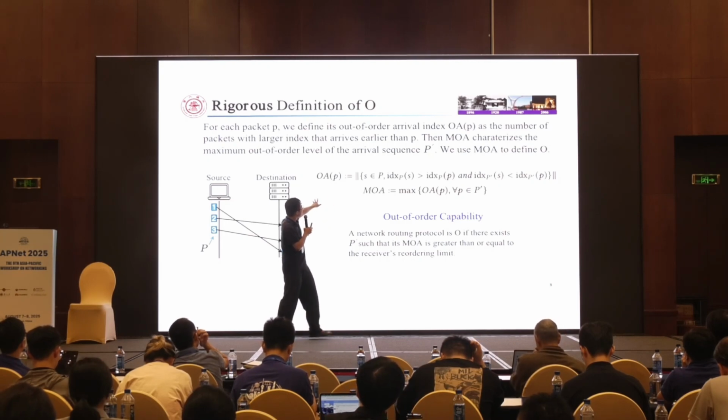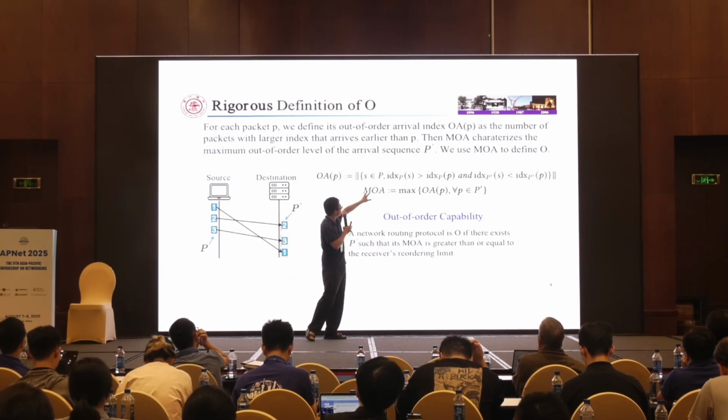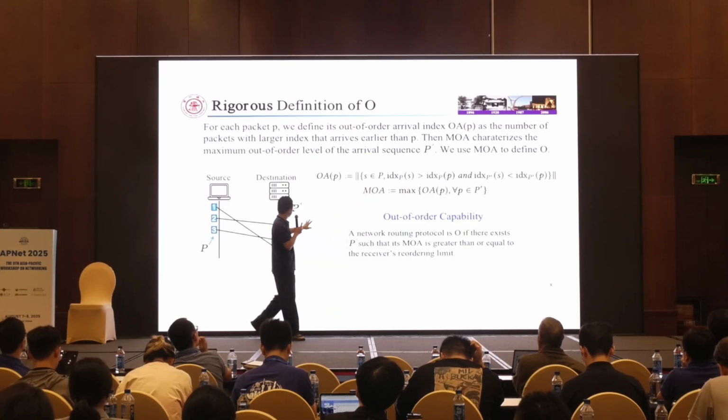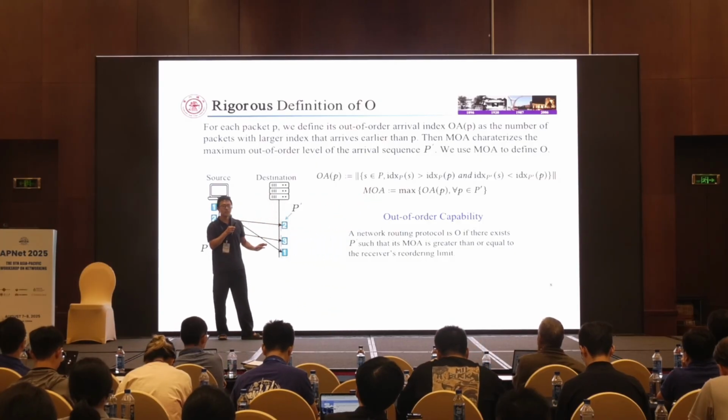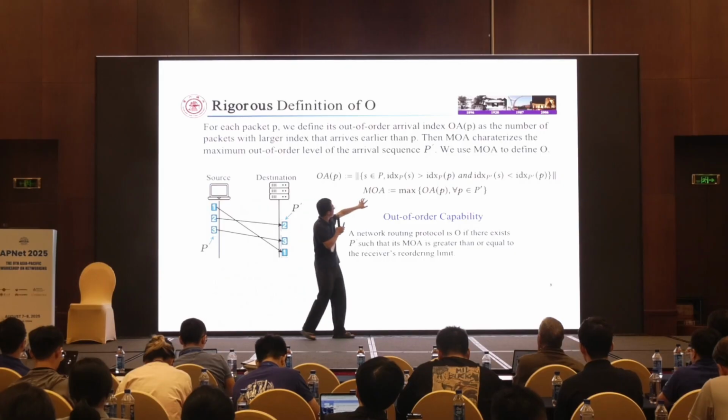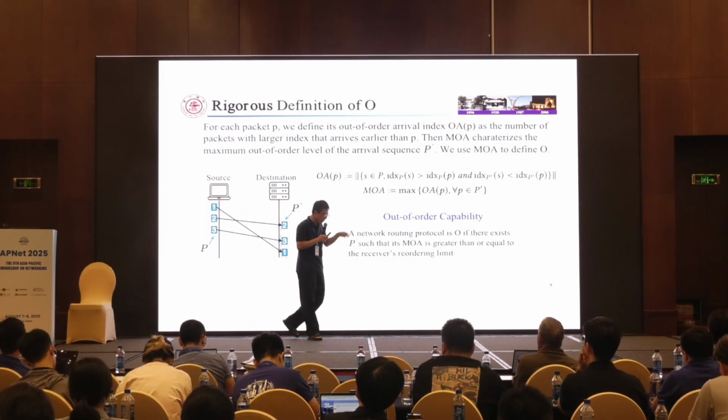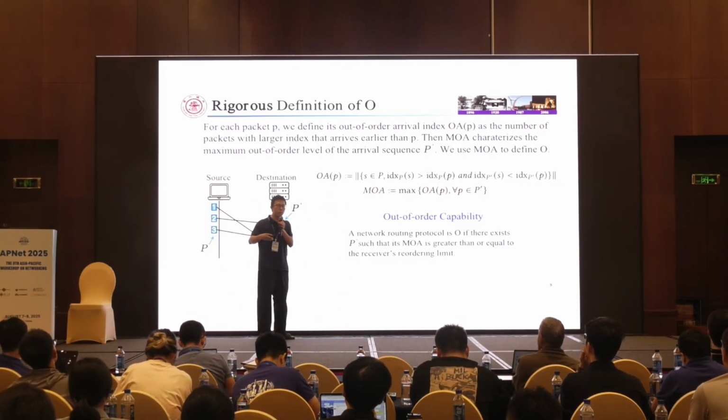Then we can calculate the maximum out of order level for this sequence. This maximum out of order level characterizes the reordering buffer requirement.